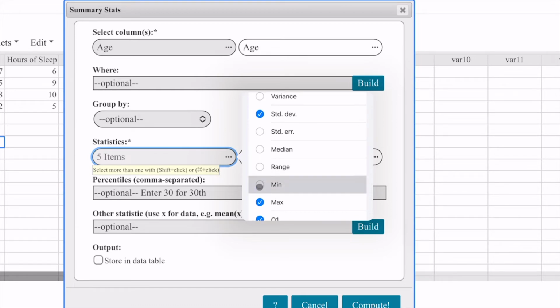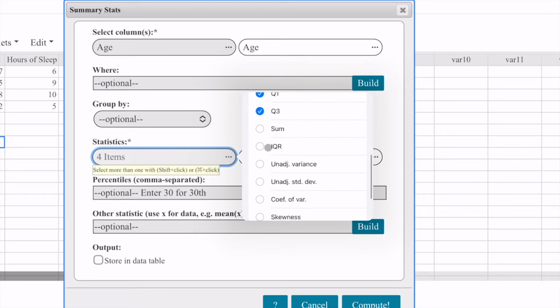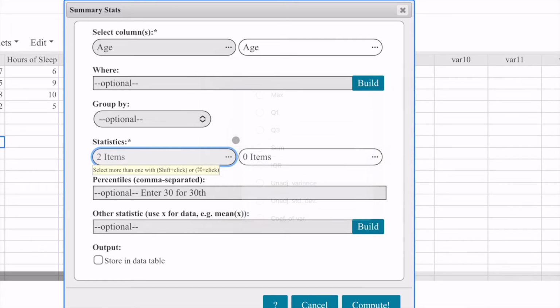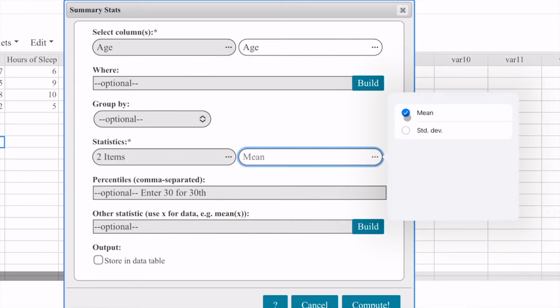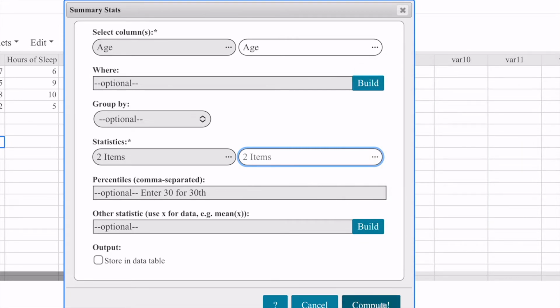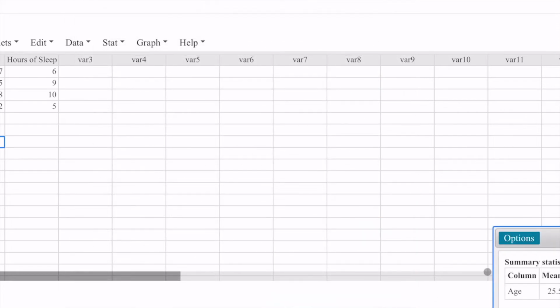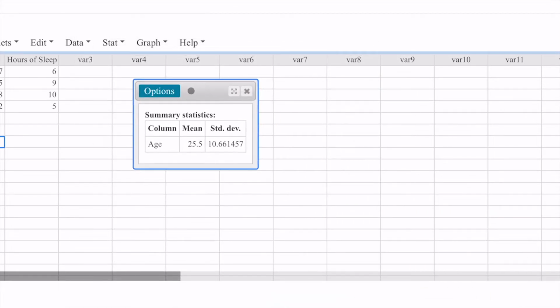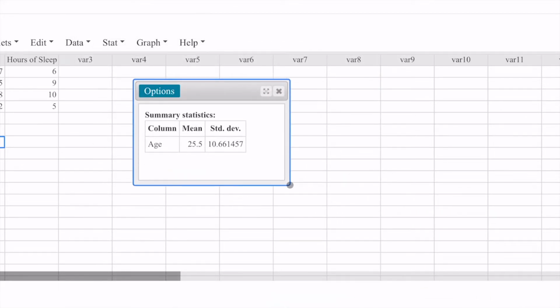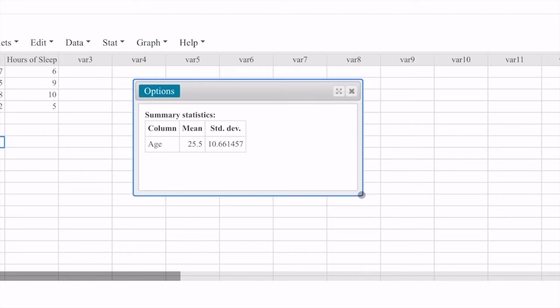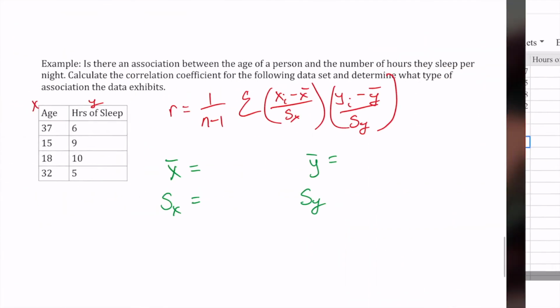You don't have to do this, but I just want to uncheck those. Come over here to items, select mean, standard deviation. That's what I want. And then we compute. And there we go. The mean age, remember this is the x value, so the mean of the x variable is 25.5 and the standard deviation is 10.66.